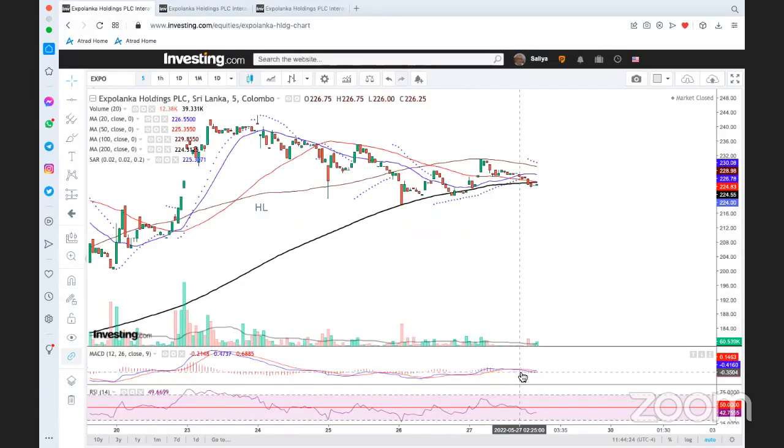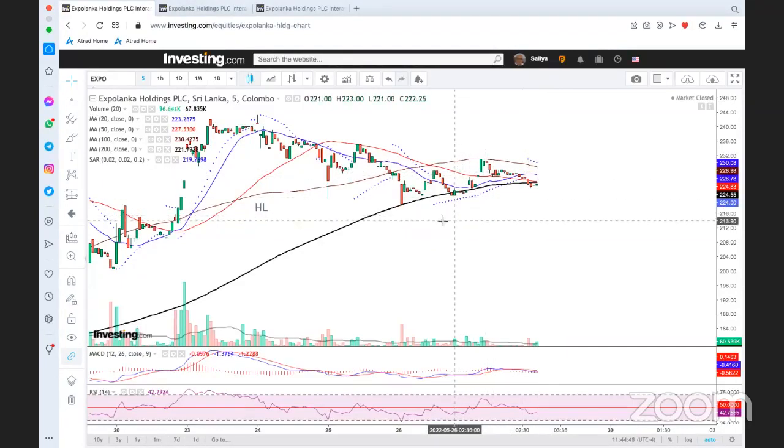Then the MACD line is almost at the center line, but below the signal line. Then we can see the prices are below the 200-day moving average, 50-day moving average, and also the 20-day moving average, right?